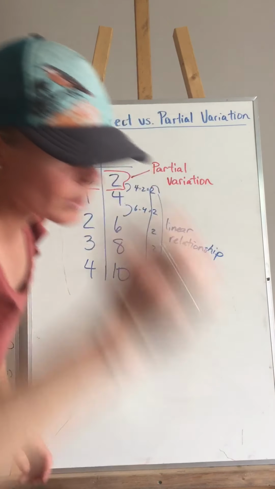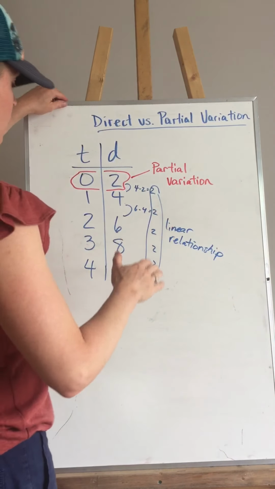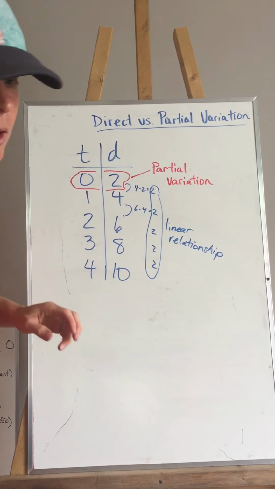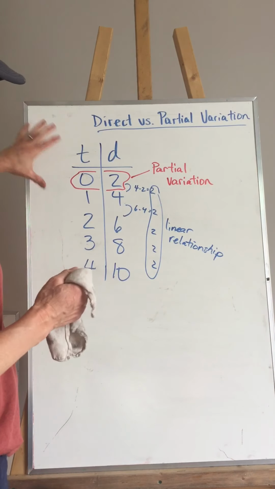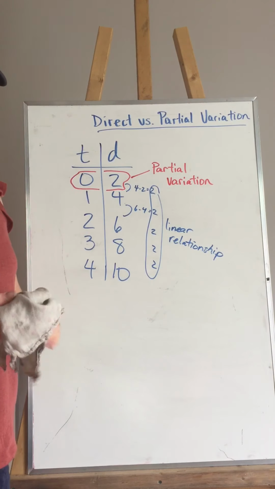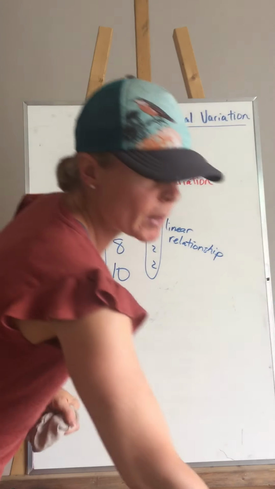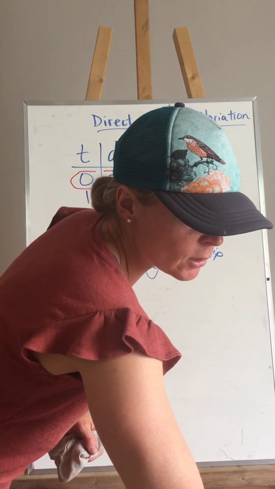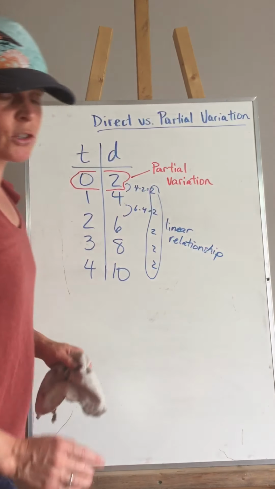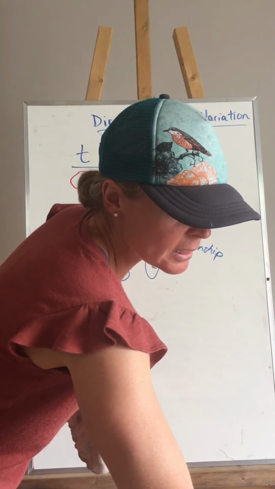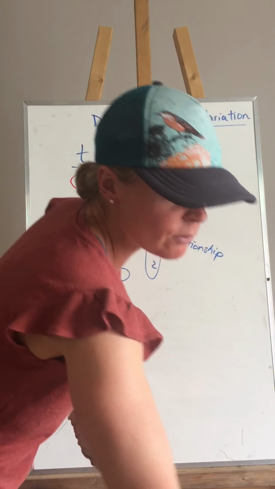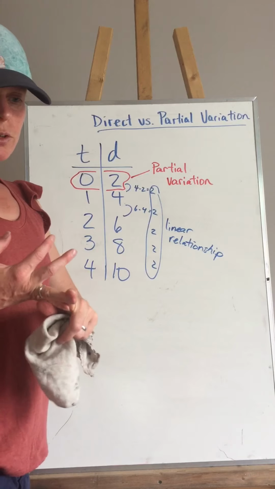Okay, so that is what I wanted to cover for the lesson. You have a sheet, it's got a few pages. The first is just the information, and then it's got some examples. So the third page of that, after you go through the information, is just looking at word examples, graph examples, and table examples, and figuring out whether they're direct or partial variation.